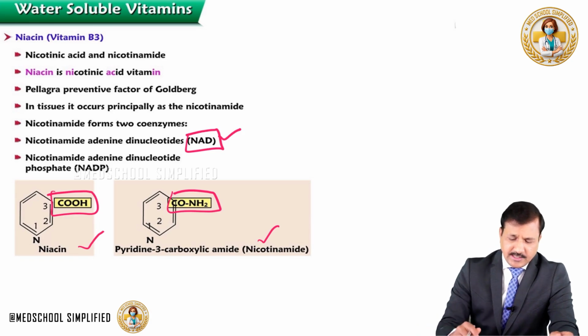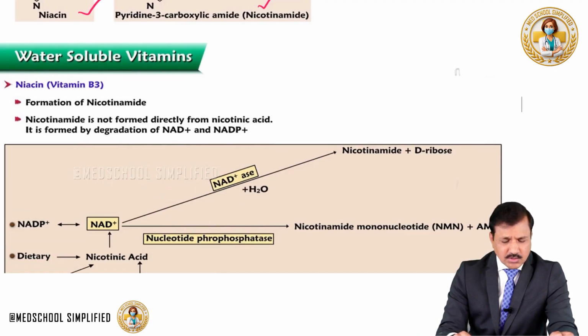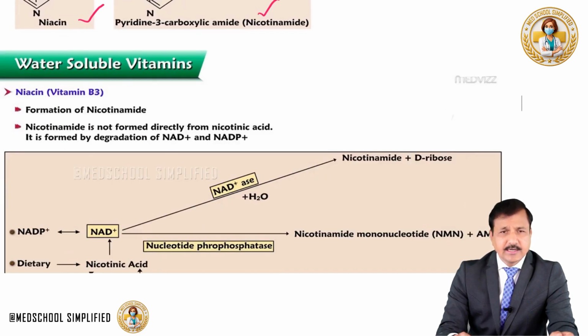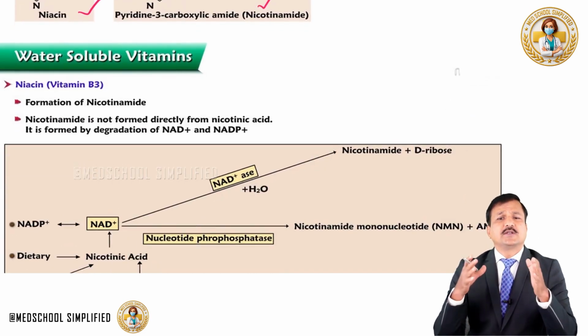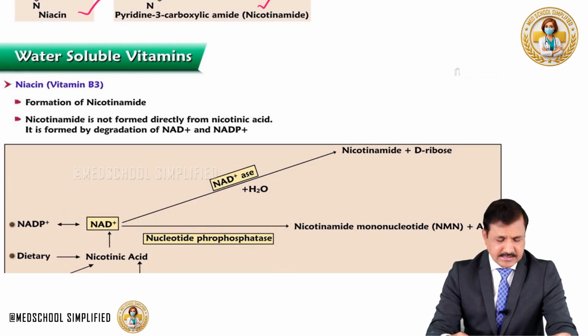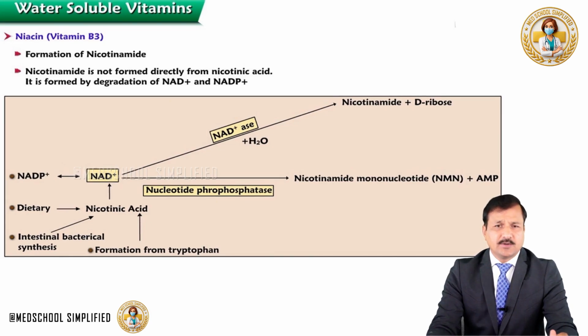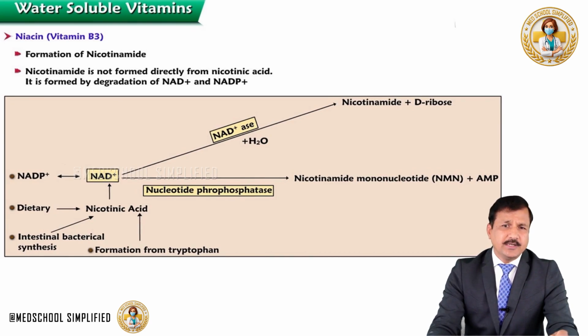Okay. So whether it is NAD or NADP, both are derived from certain molecules. Phosphoribosyl pyrophosphate is necessary for the formation of nicotinamide adenine dinucleotide. ATP is necessary, and glutamine is necessary.